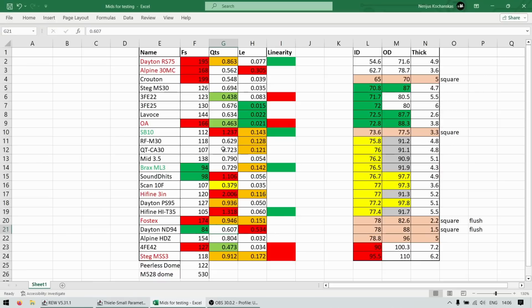The one that stands out is the super low one, which is ScanSpeak 10F. 0.4, 0.38. So this is quite low. It's not bad, but it's low. I did check the spec sheet of ScanSpeak, and they do mention something very similar. So this is the lowest QTS driver from the bunch. And some people say that this Scan 10F doesn't like to play low.